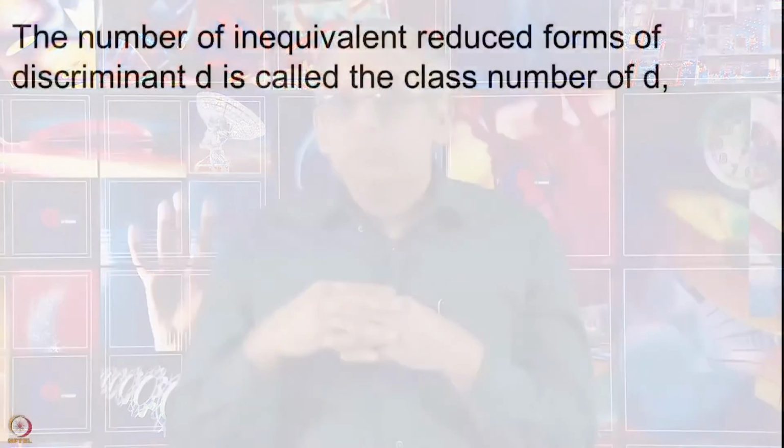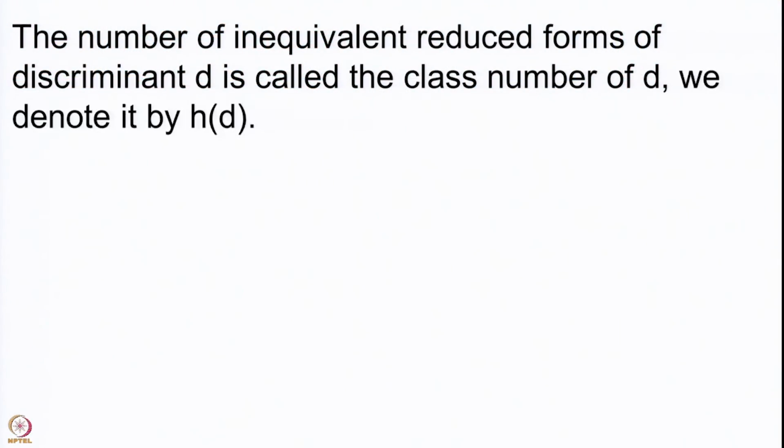So, whenever we have a fixed discriminant D, and we compute the number of inequivalent reduced forms of discriminant D, this number is called the class number of D. So, remember D is a negative number and we are looking at all reduced forms.